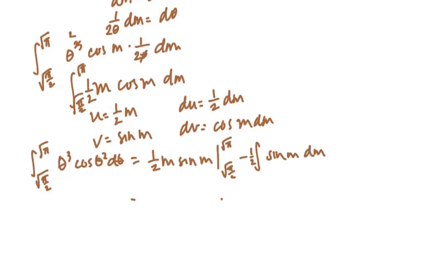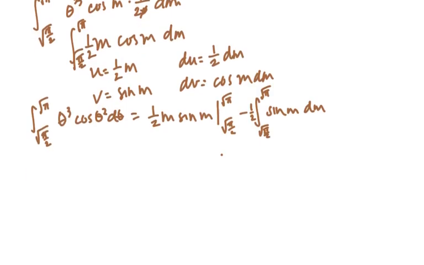So now we've got, from the square root of pi over 2 to the square root of pi, 1/2 m sine of m minus 1/2, and the integration of sine is negative cosine of m.